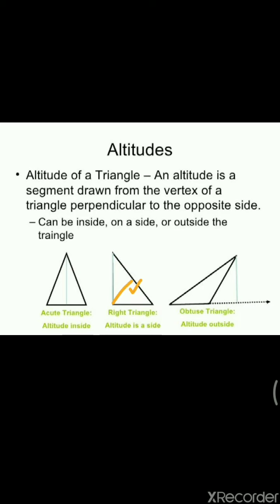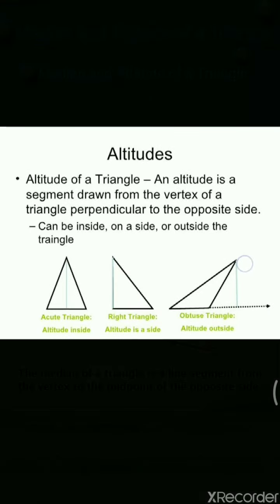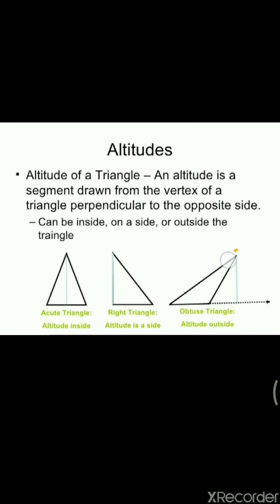Now, let's understand in case of obtuse triangle. In obtuse angle triangle, if you take this vertex, you want to draw perpendicular on the opposite side, but this is not possible. How will you draw? Perpendicular is always in falling direction. Therefore, it will be here in extended part.